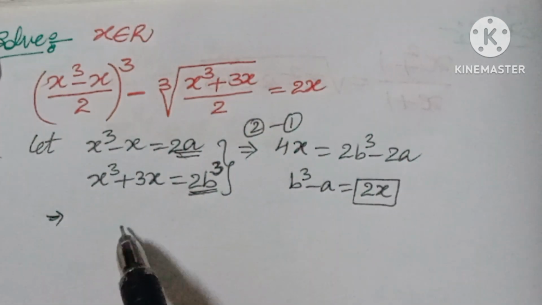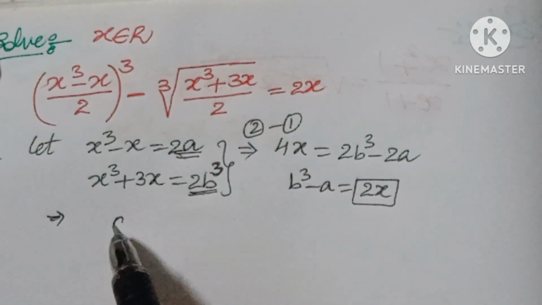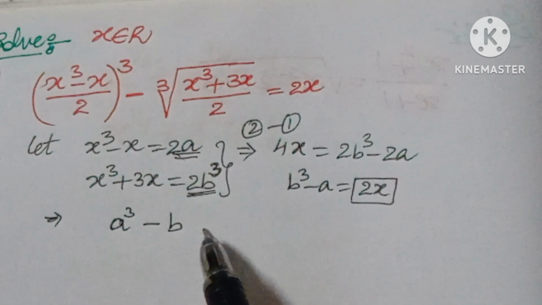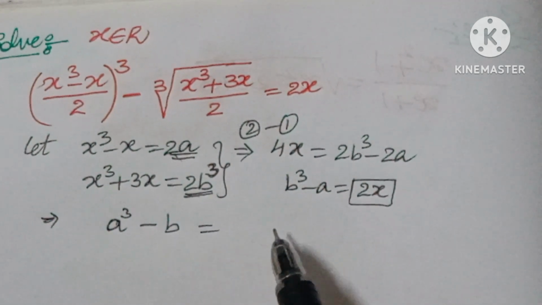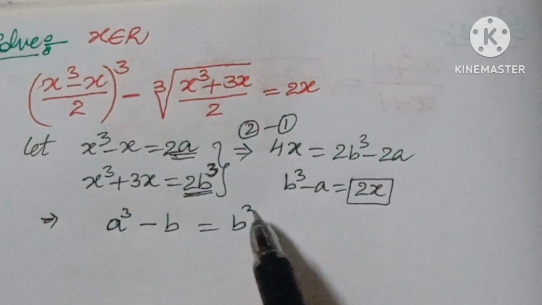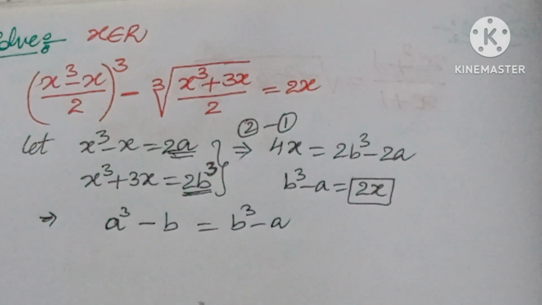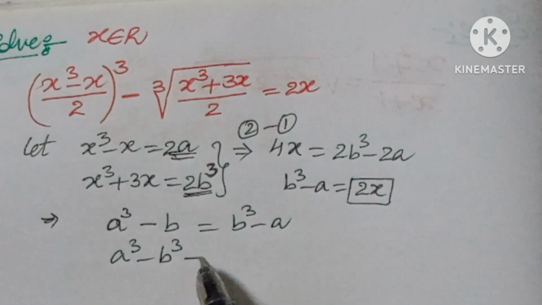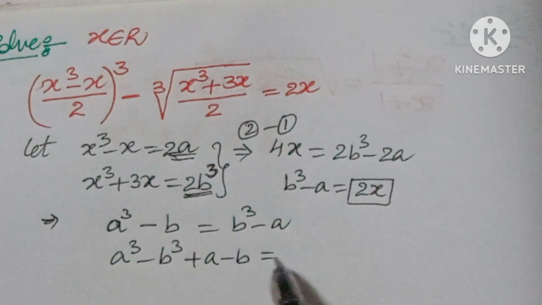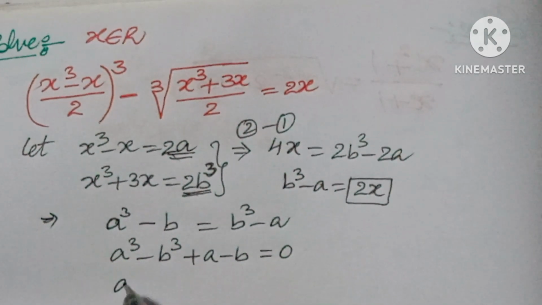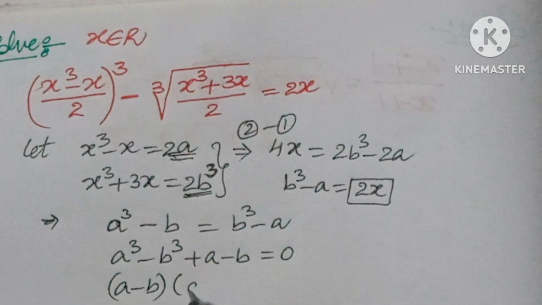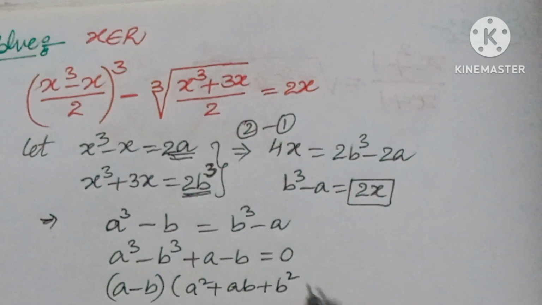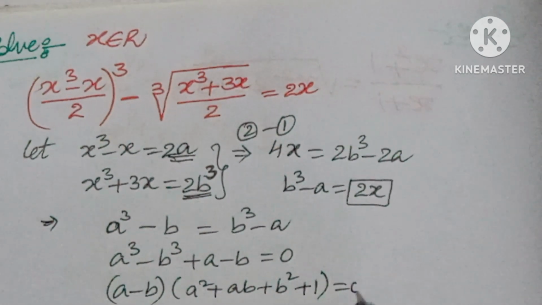So here this is a cubed minus b, where 2x is equal to b cubed minus a. From this you'll get a cubed minus b cubed plus a minus b equal to 0. So (a minus b) times (a squared plus ab plus b squared plus 1) equal to 0.